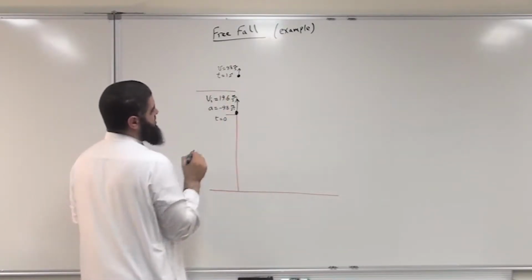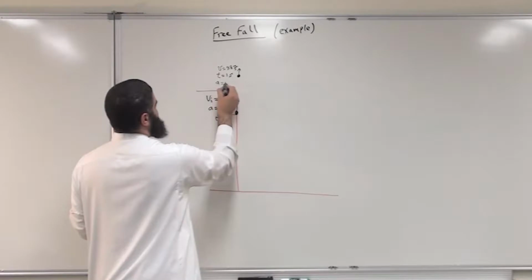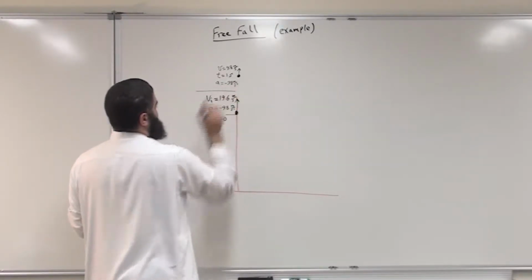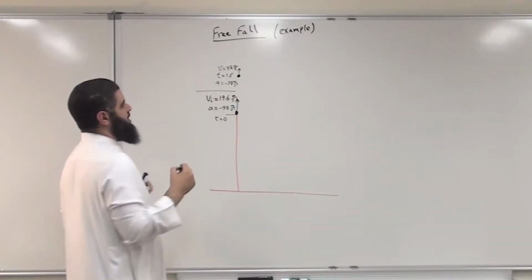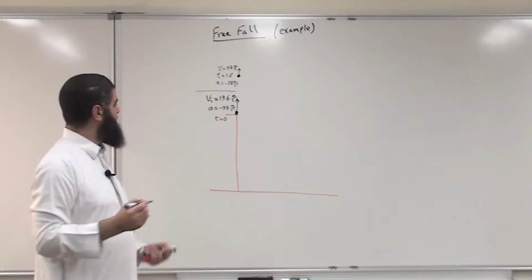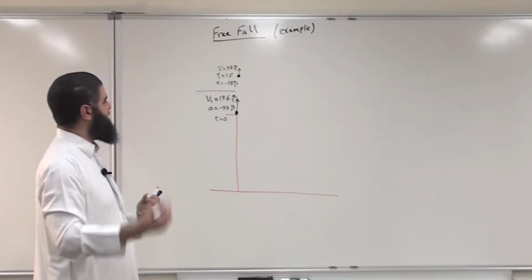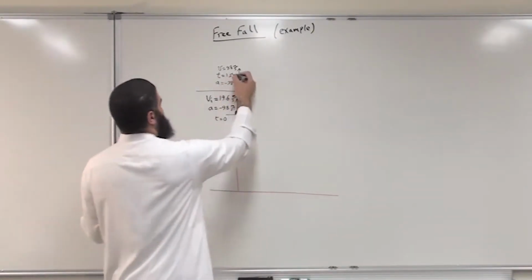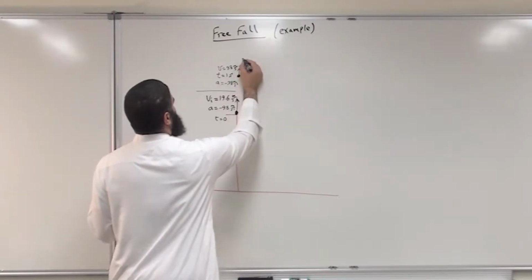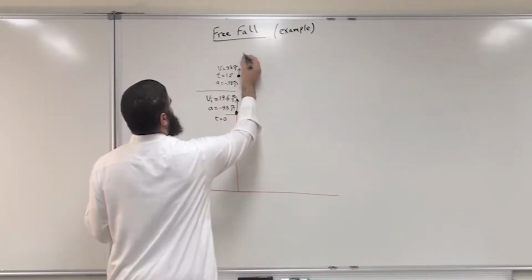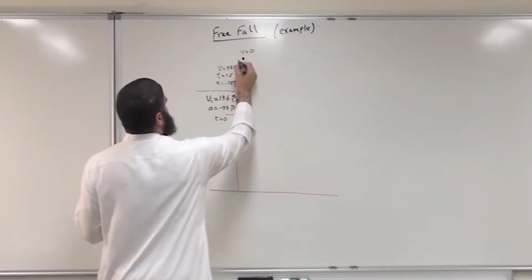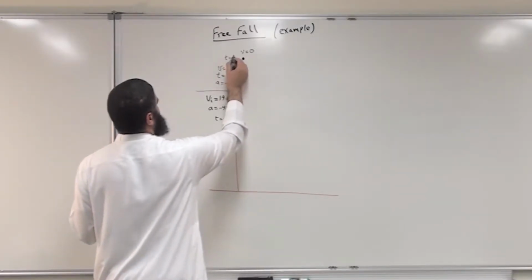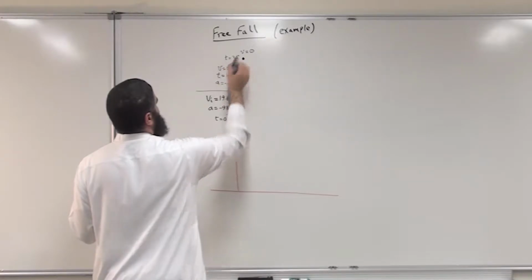And as you notice here, the acceleration is still minus 9.8 meter per second square. One more second, the velocity will be reduced again by 9.8. So 9.8 minus 9.8, v here will be equal to 0, and this is the time t equals 2 seconds.